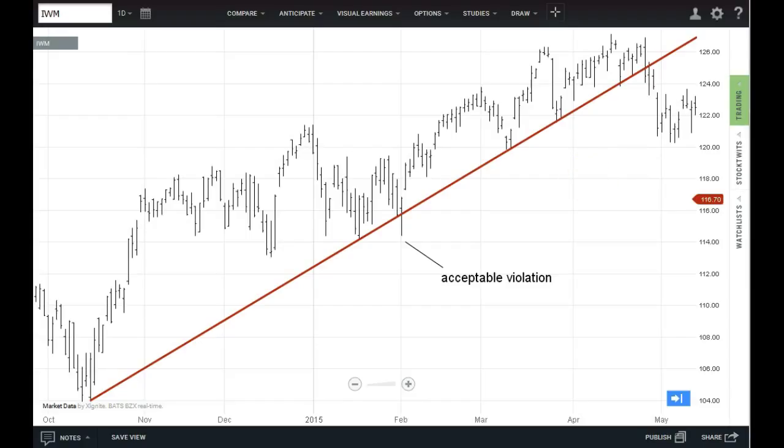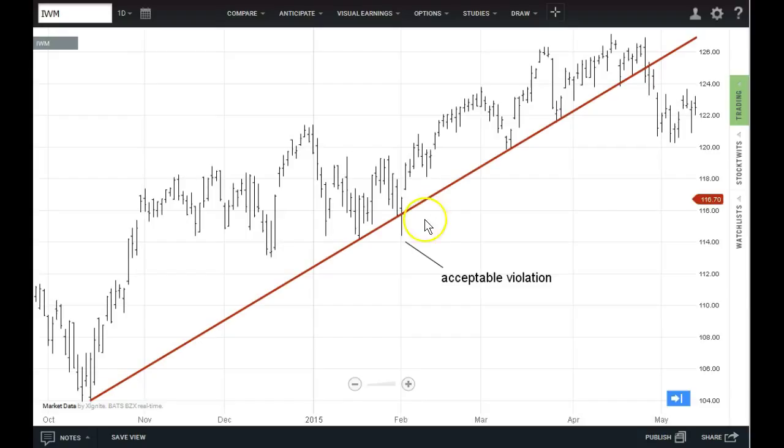So what is an acceptable violation? We drew the trend line through this first dip here because the trend line that might have been drawn here was violated with many bars, meaning that it was just not the right trend line to draw. So here we say, well, did this happen again? Do I have to redraw my trend line one more time?